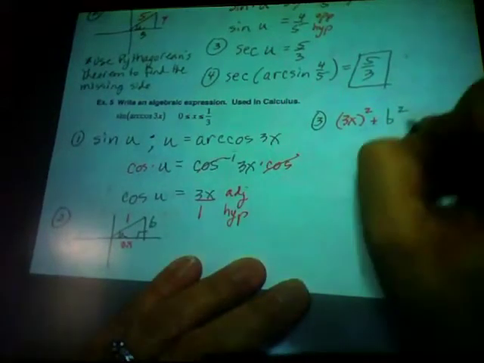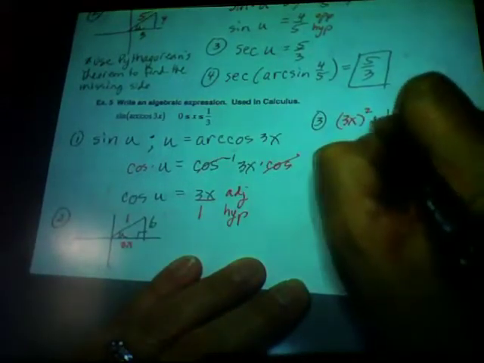I'm going to just call this b for right now. So isn't 3x squared plus b squared equal to 1 squared? Would you agree?